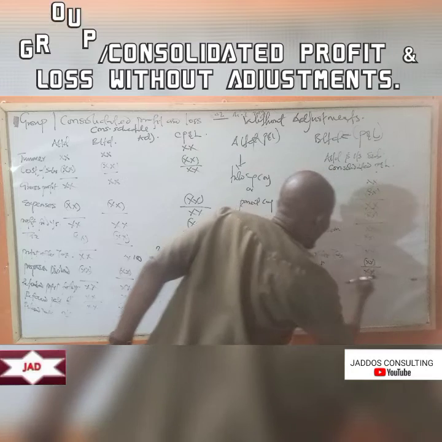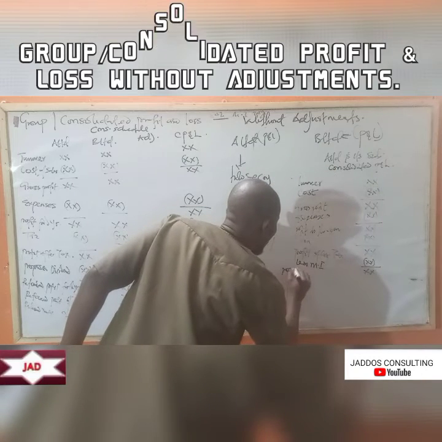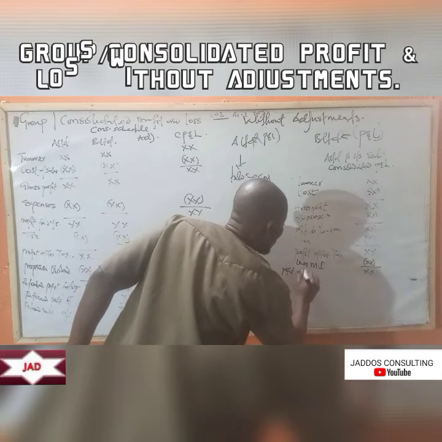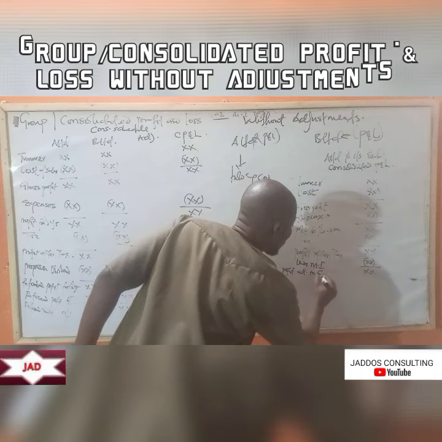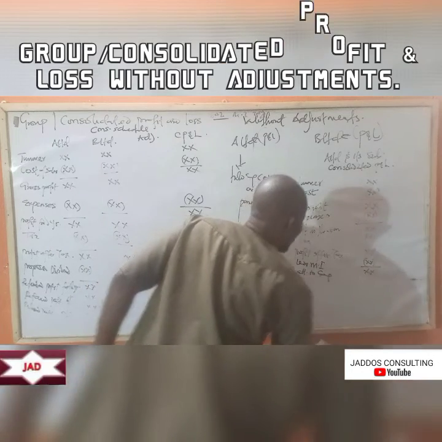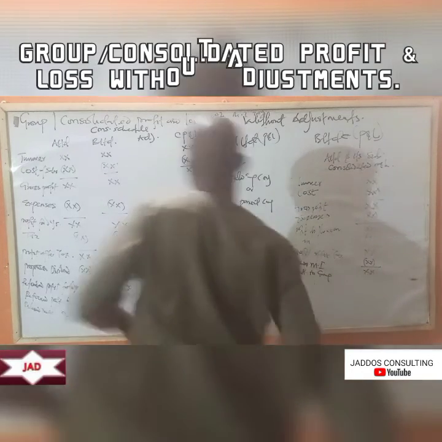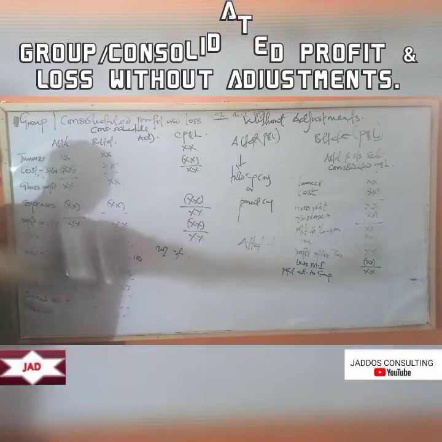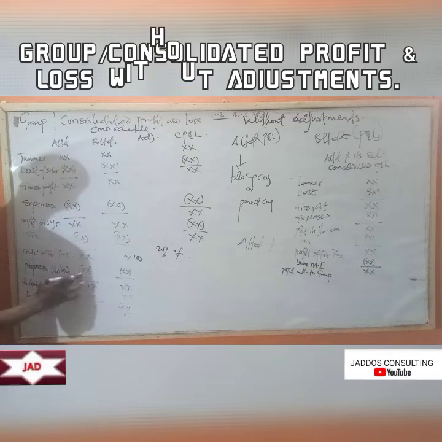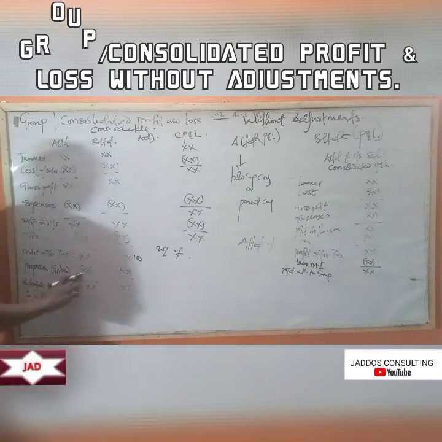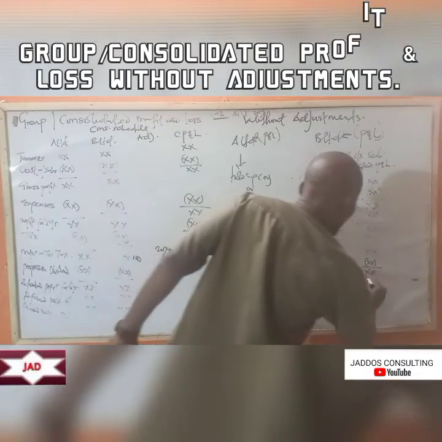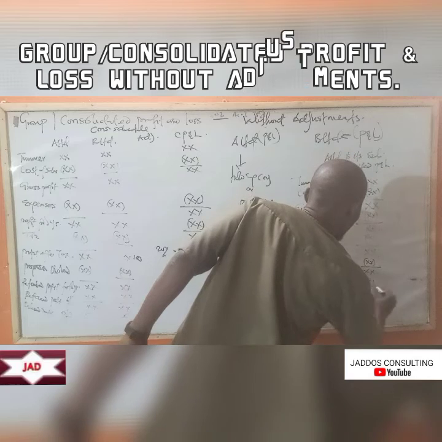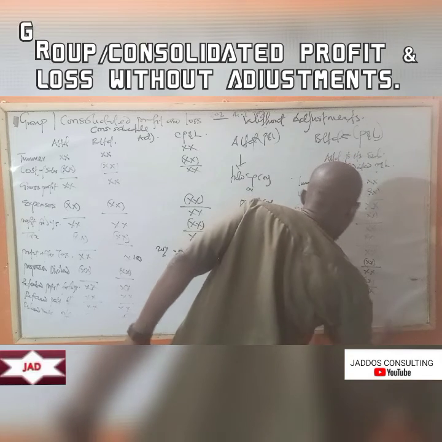So whatever we have here is profit attributable to the group or to the holding company. Then from this, you can now appropriate. So the group company, which is this A Limited, can now pay its dividend. You pay your dividend.